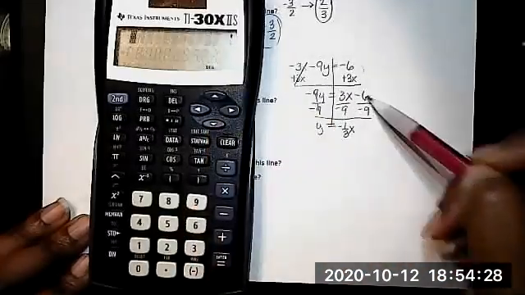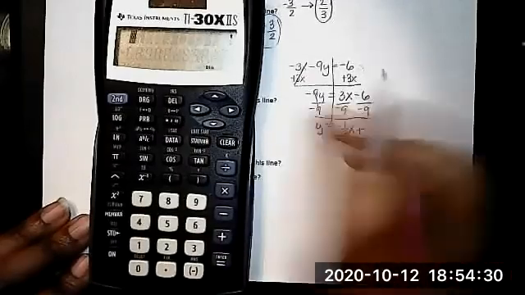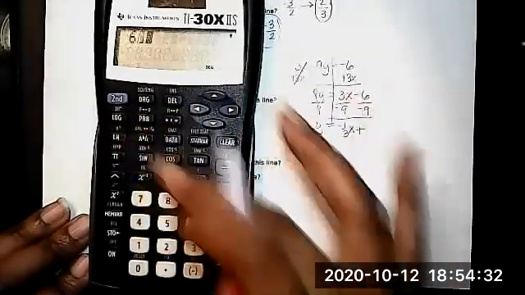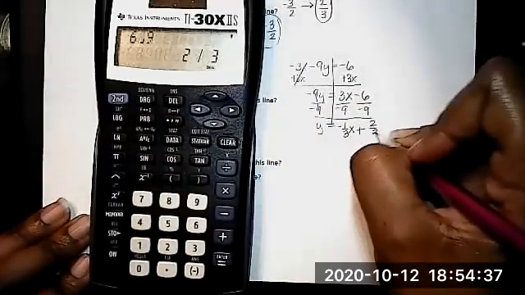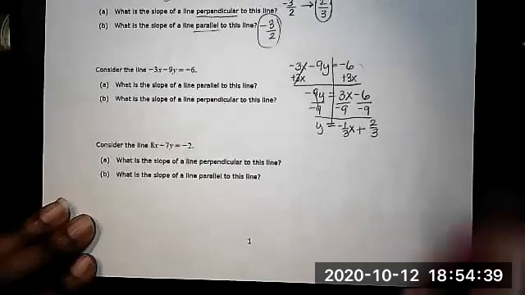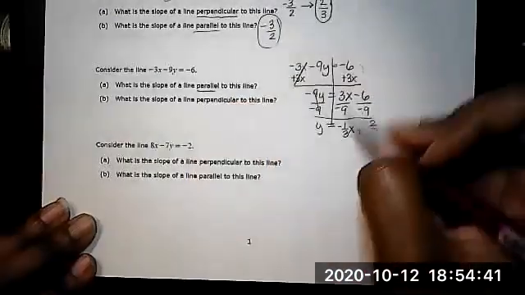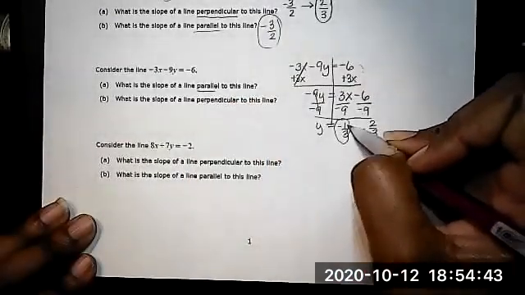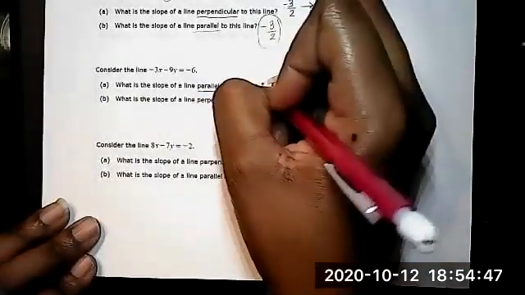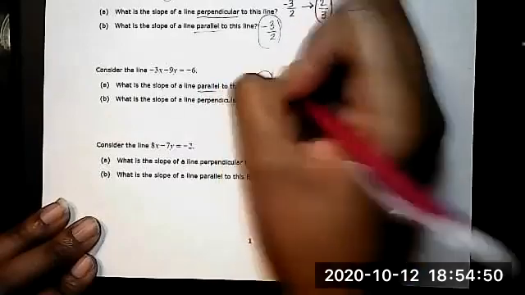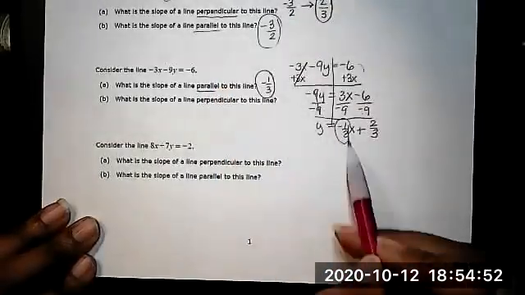Two negatives become positive, so it's going to be positive 6 divided by 9, and that's 2/3. But in this case where it says parallel, we just need to know the slope, which in this case is -1/3. So if it's parallel, -1/3 is your answer, because they have to be exactly the same.